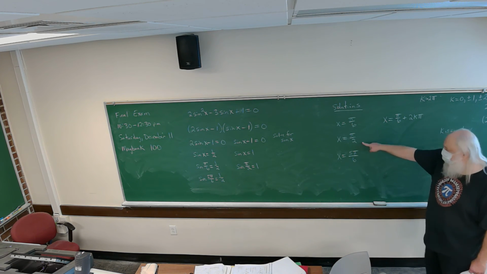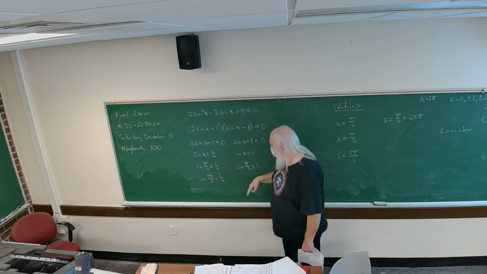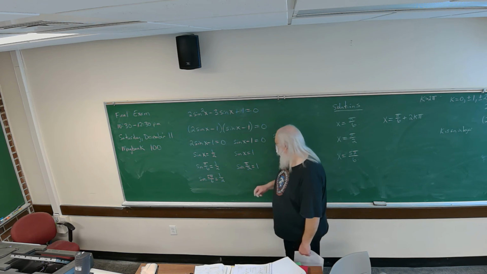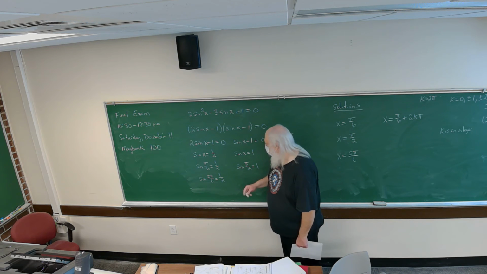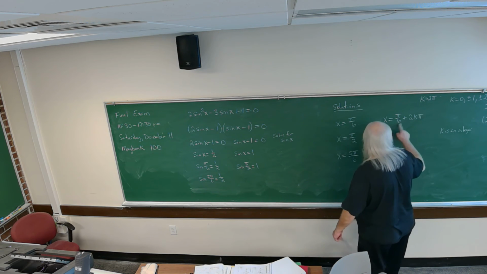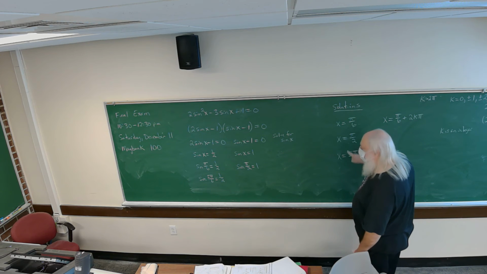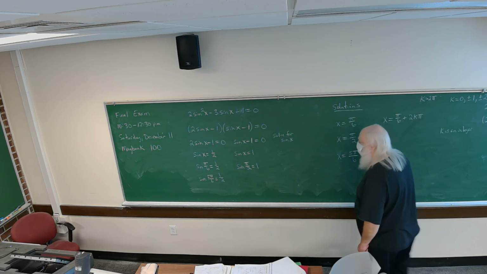The general solution for the sine of x: we added an integer multiple of 2 pi for pi over 6. We do the same thing with 5 pi over 6.